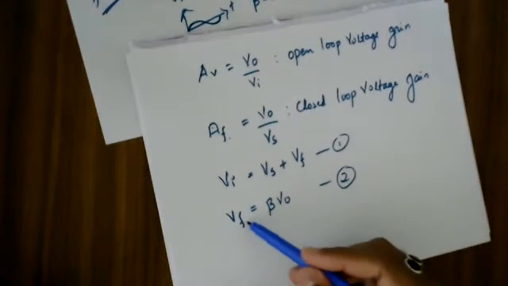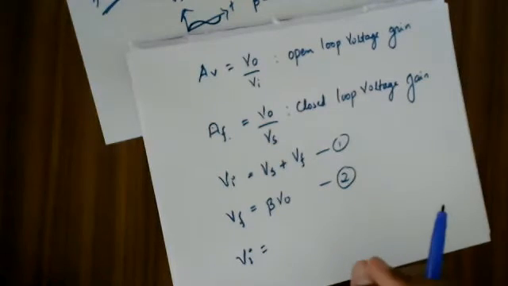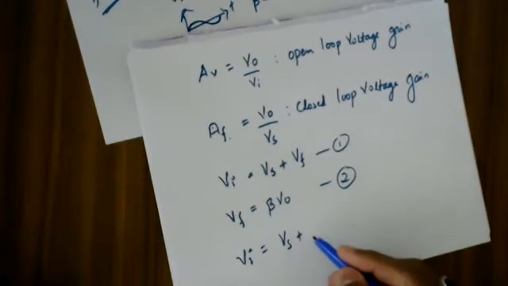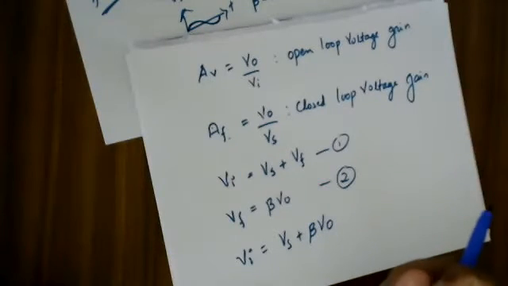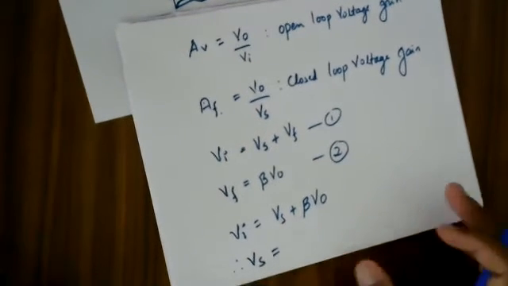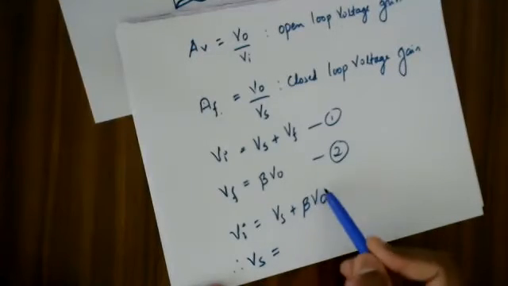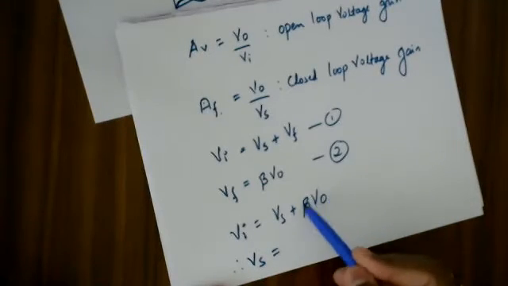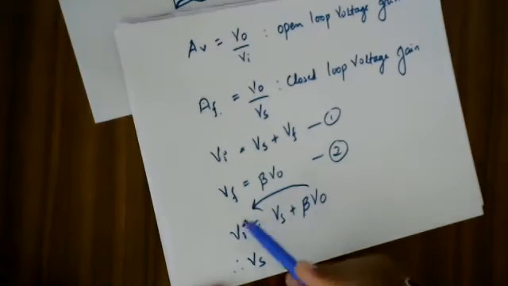Now let me substitute the value of Vf into this expression. What will I get? Vi is equal to Vs plus beta times V naught. Now if I write this expression for Vs, I need to send this term from RHS to LHS.